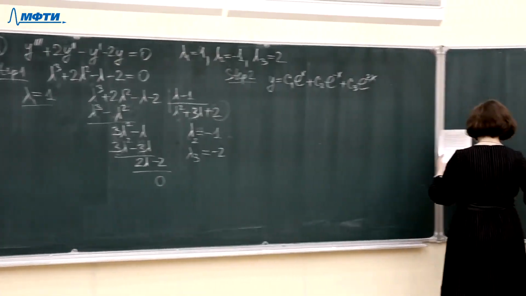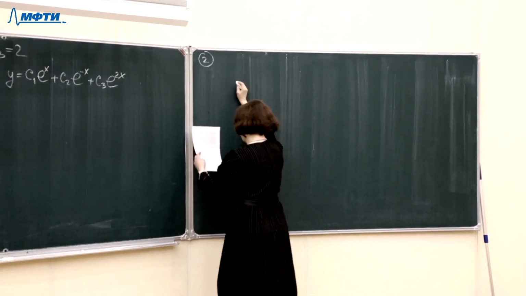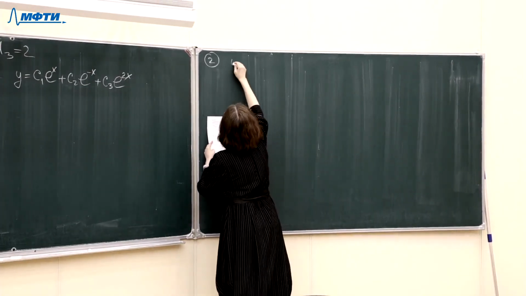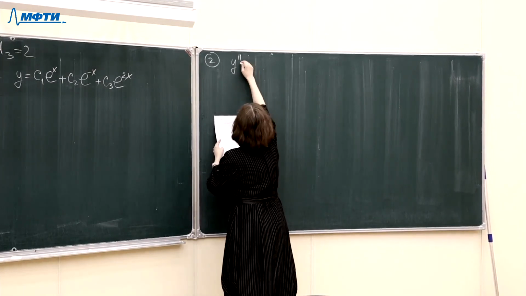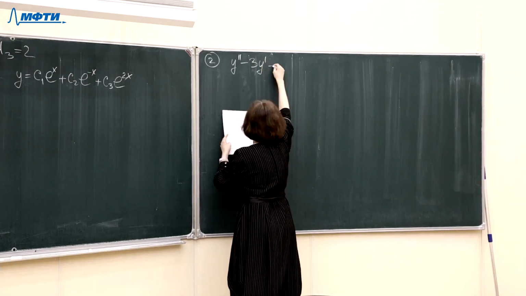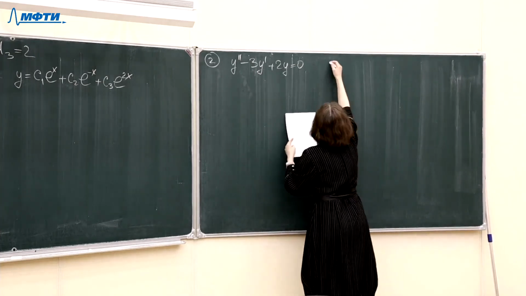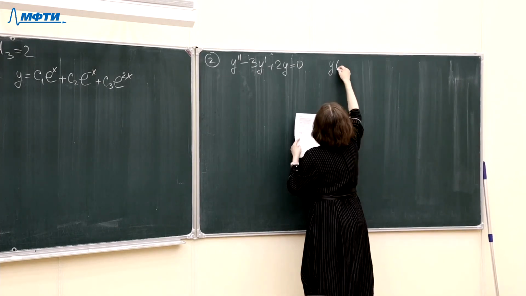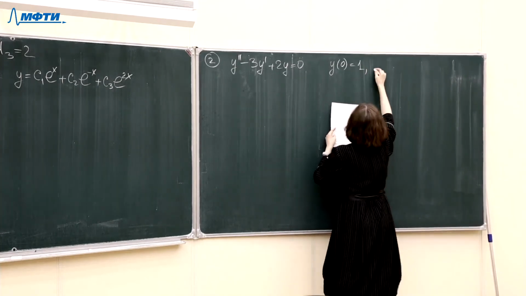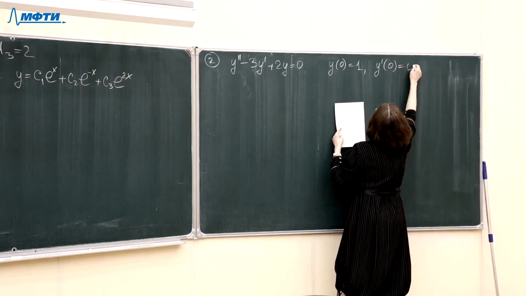I will use that part of the blackboard. Example number 2 will be the following. Find the particular solution of the differential equation y'' minus 3y' plus 2y equals 0, satisfying the following initial conditions: y(0) equals 1 and y'(0) equals 0.